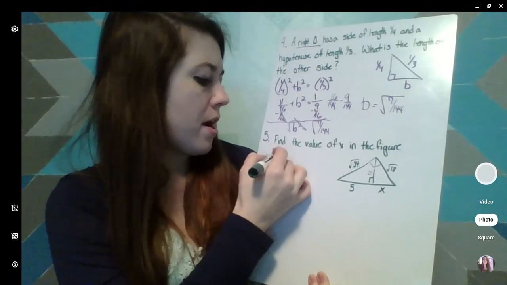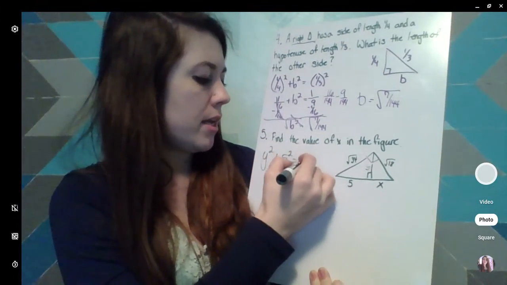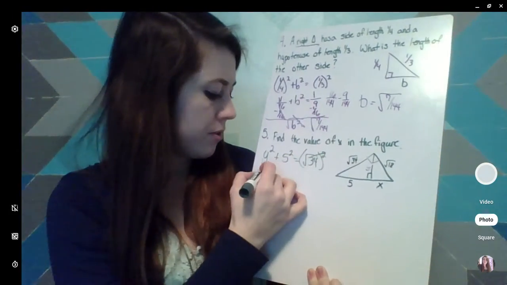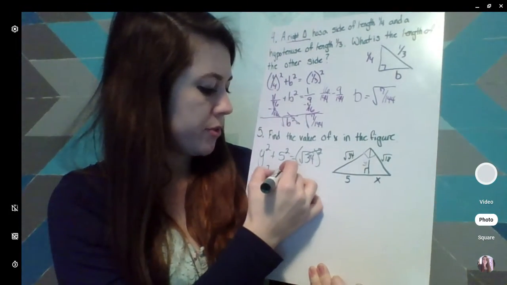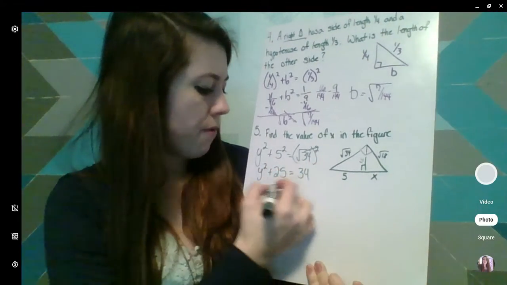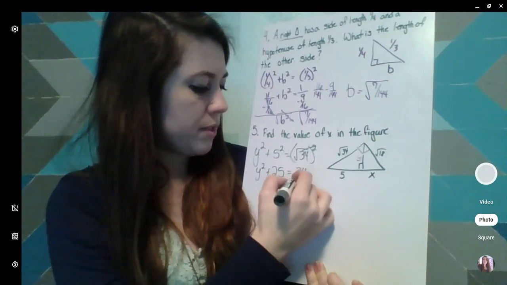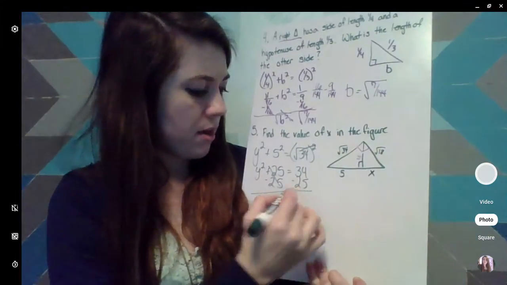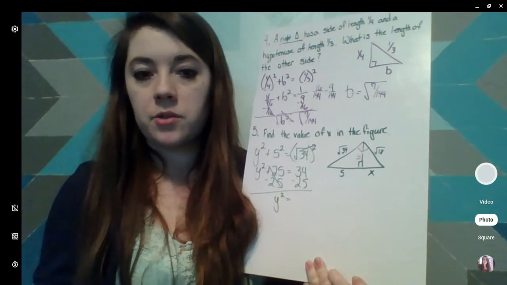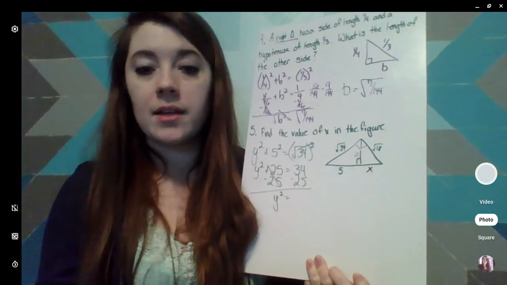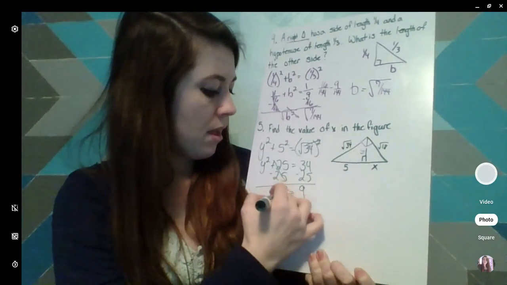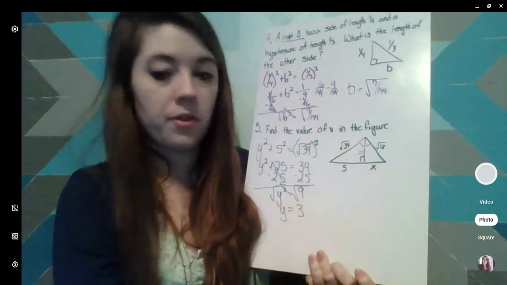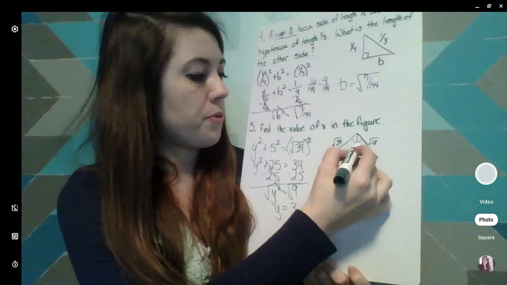So we're going to have y squared plus 5 squared equals the square root of 34 squared. That'll cancel out, so we've got y squared plus 25 equals 34. We'll subtract 25 from both sides, so y squared equals 34 minus 25, which gives us 9. Then we'll take the square root to end up with y equals 3. So this is going to be 3 right here.